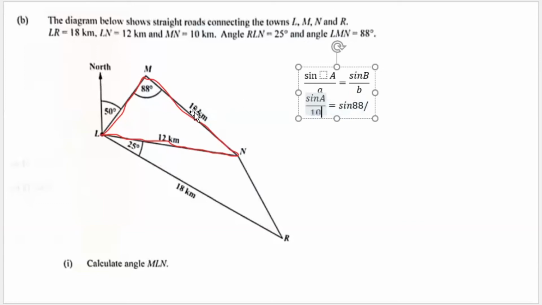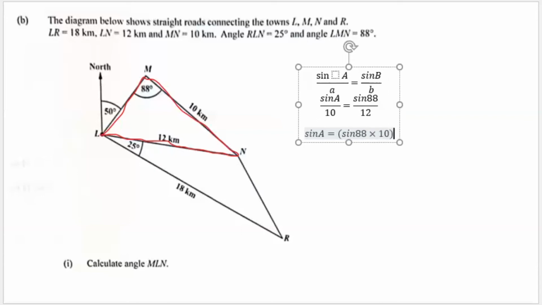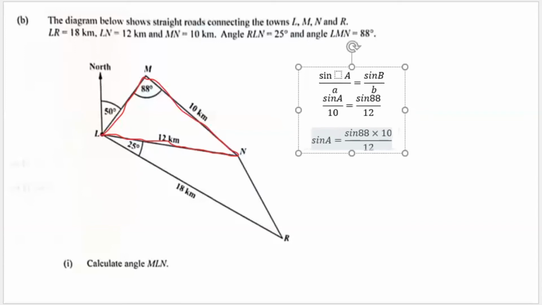So if here sine A is the length that is opposite it, so this is 10, and now for the 88, the length opposite it would be 12 kilometers. And now we can go ahead and solve. So now what we're saying is that sine A is equal to, we're carrying over the 10, so it's dividing here, so when it comes across, it will be multiplying. So what we'll have is sine 88 being multiplied by 10, and that is divided by 12.